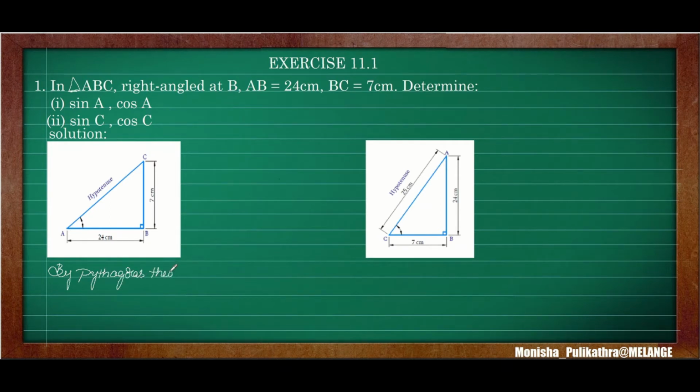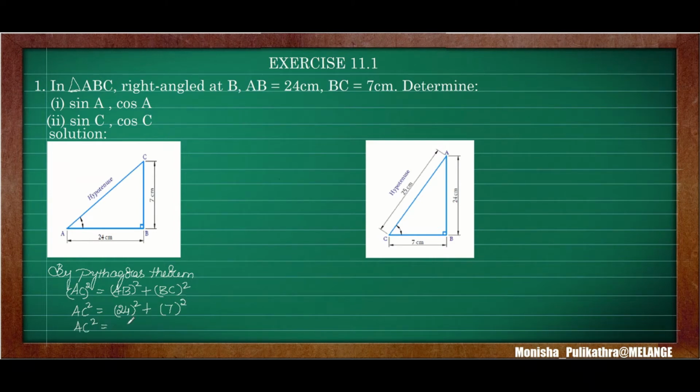By Pythagoras theorem, hypotenuse square is equal to the sum of the squares of the other two sides. That is, AC square is equal to AB square plus BC square. Here AC square we need to find out, whereas AB value is 24, so 24 square plus BC value is 7 square.